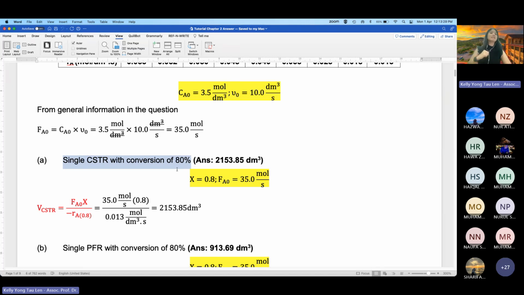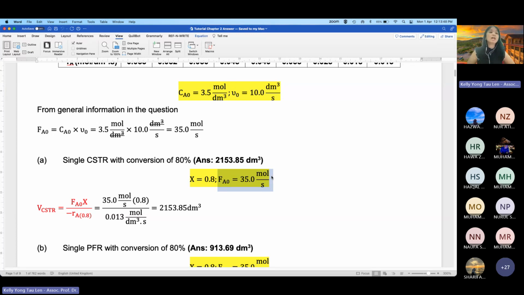So let's say my X is 80% conversion. In terms of fraction, it becomes 0.8. We have learned that we use X for conversion. So X is 0.8 and our FA naught, which we found earlier, is 35 mole per second.